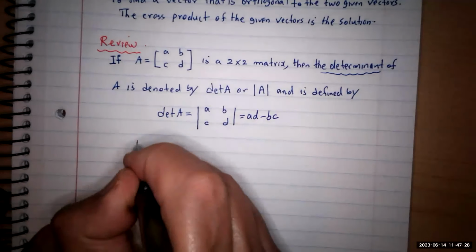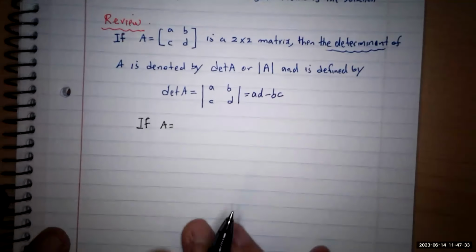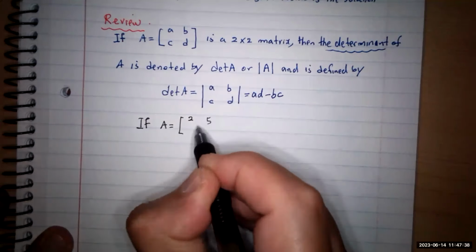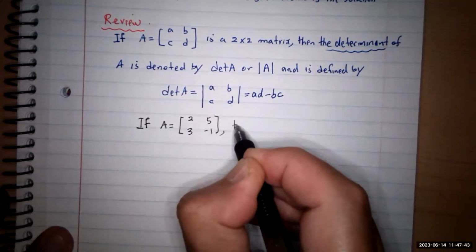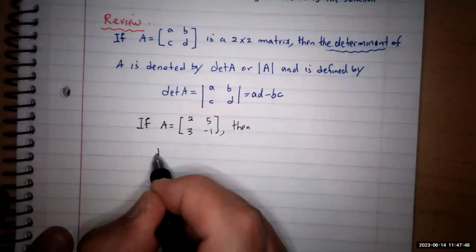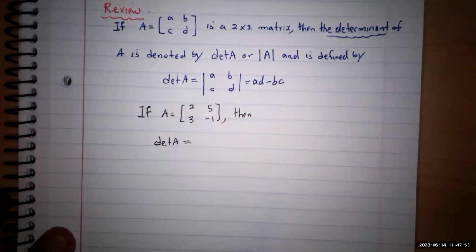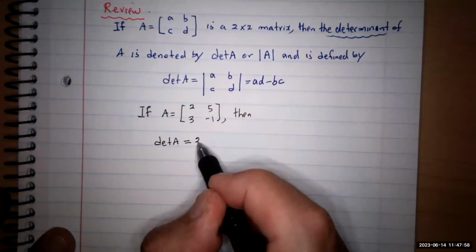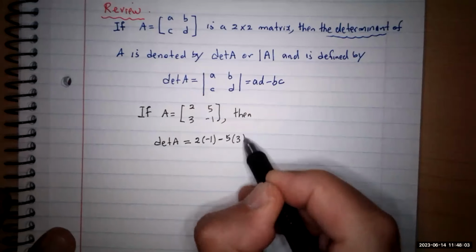So for example, if the matrix A is 2, 5, 3, -1, then the determinant of A is going to be equal to cross multiply: 2 times -1 minus 5 times 3.